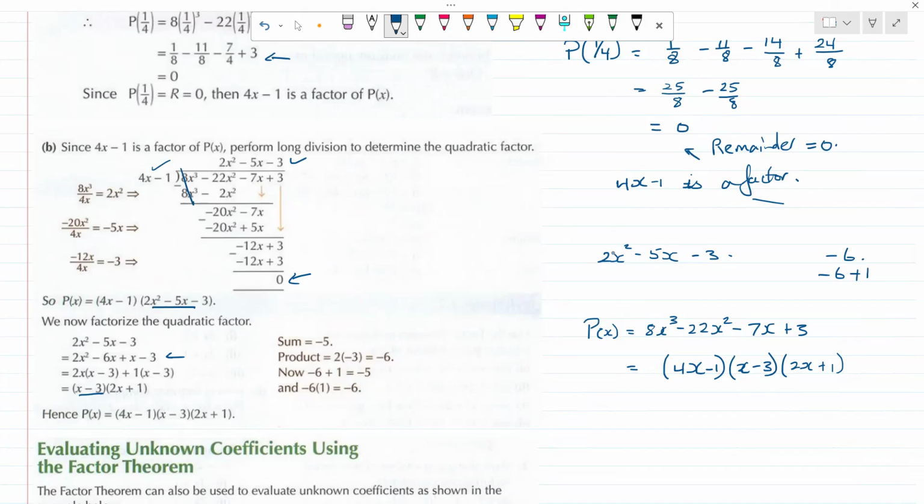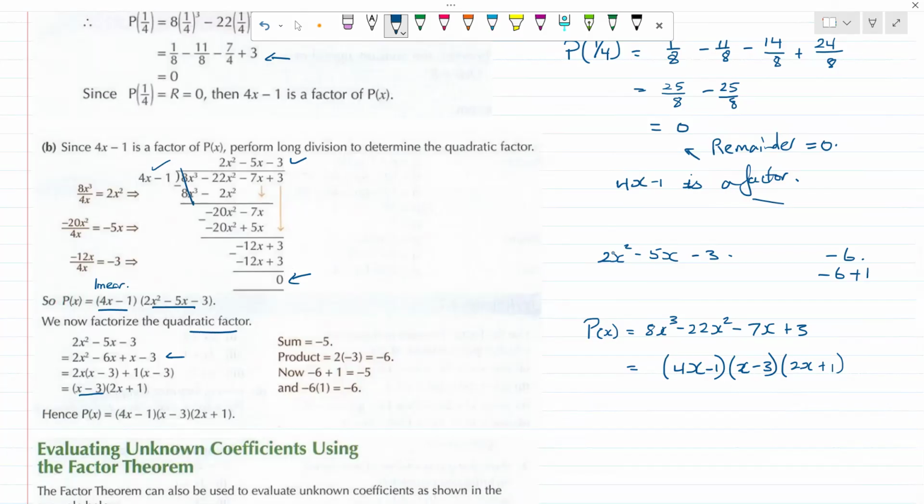So we had a linear factor. This here is the linear factor, which we tested to make sure it was a linear factor. We got a remainder 0, so we know it's a linear factor. To identify our quadratic factor, we then divided this polynomial by 4x minus 1.